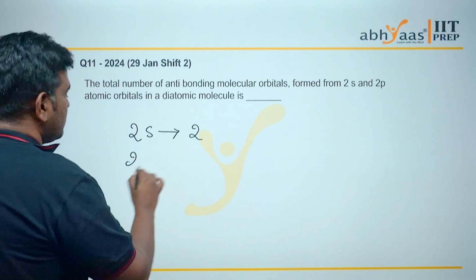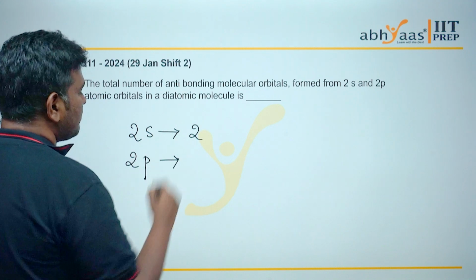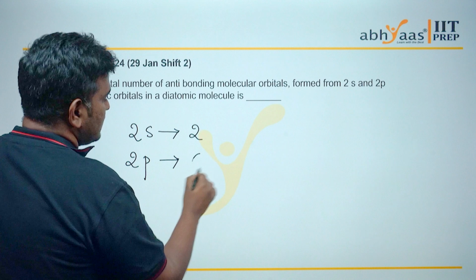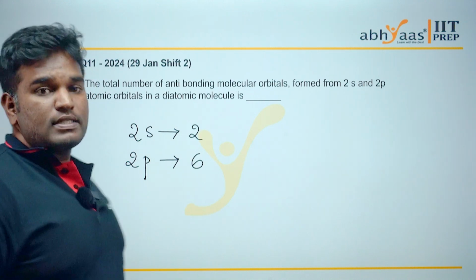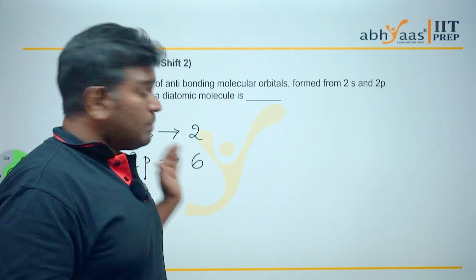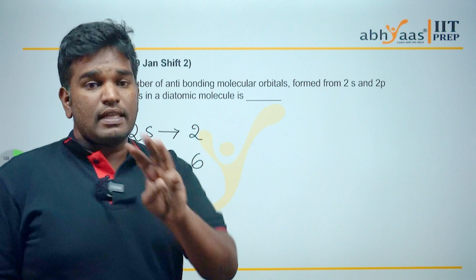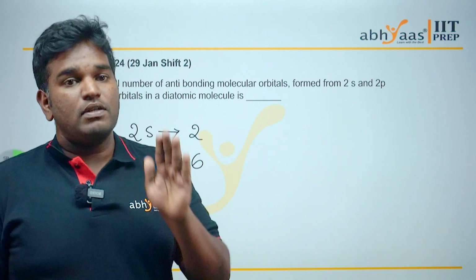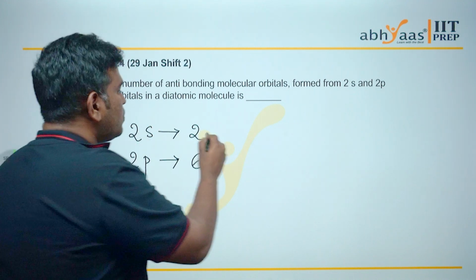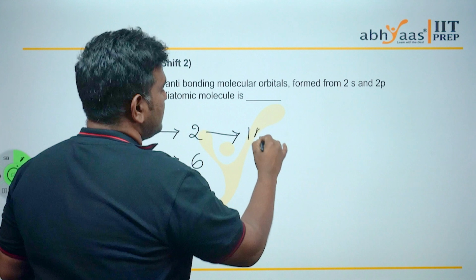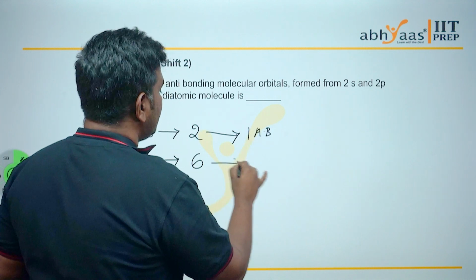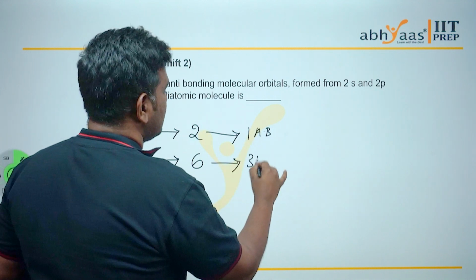In the case of 2p, you will have 6 orbitals in total, 3 bonding orbitals and 3 anti-bonding orbitals. So in the 2s, 1 is anti-bonding and in the 2p, 3 are anti-bonding.